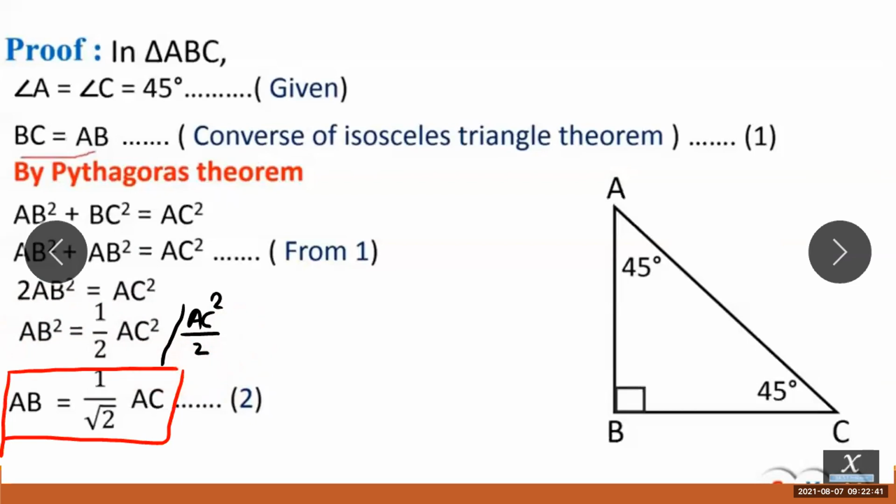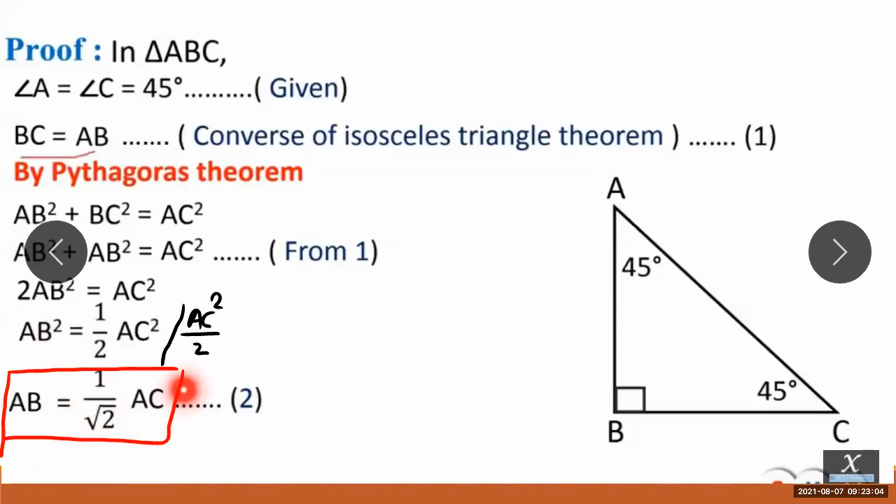Okay, now we have to remove this square and this square also. So taking square root, what will it be? That will be AB equal to 1 by root 2 of the AC. As we take the square root, the 2 becomes root 2 of the AC.